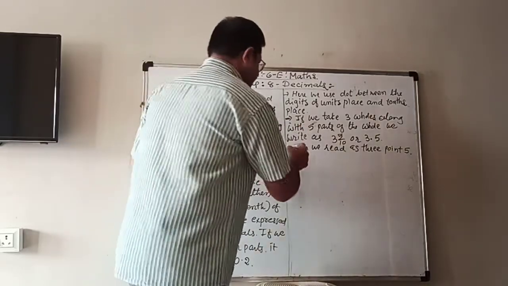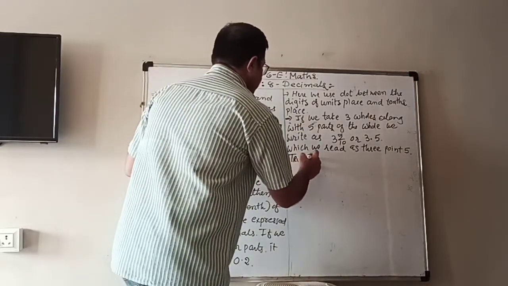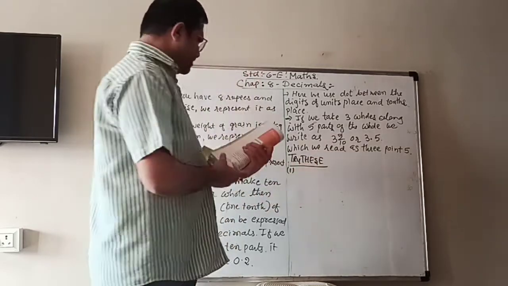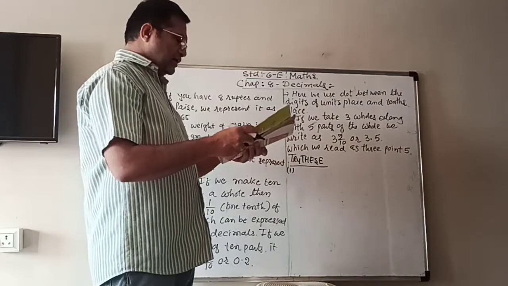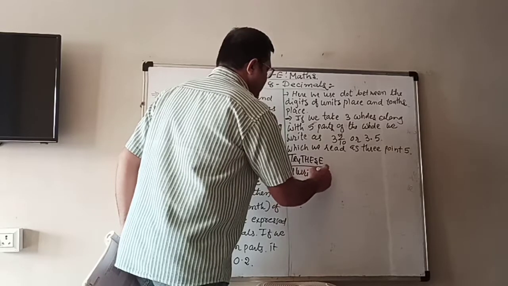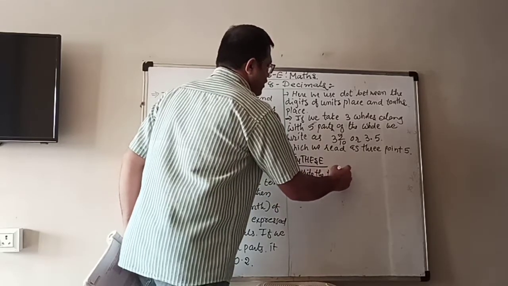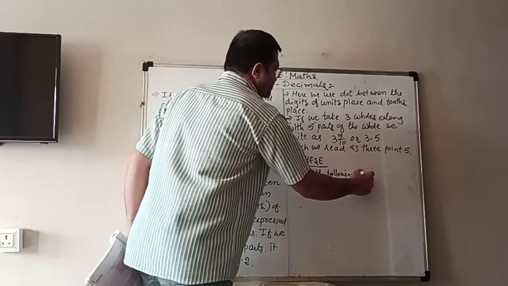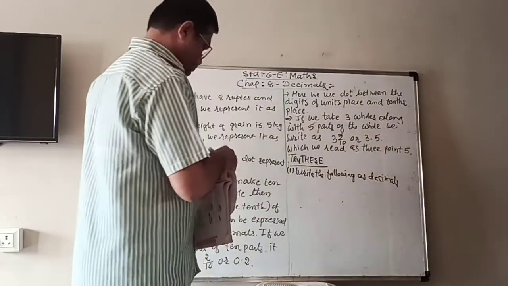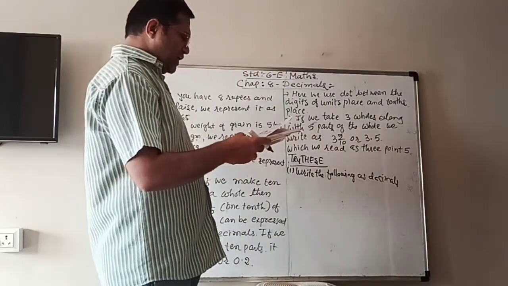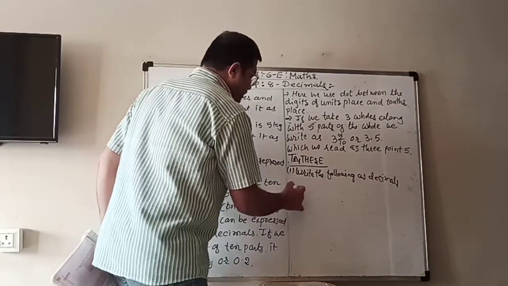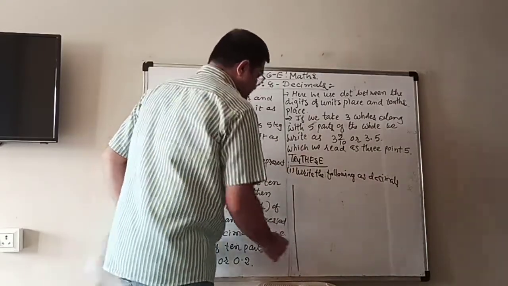Let us understand something like given in the Try This. In Try This, the first question says, write the following as decimals. Here it is given in a table, and in the last column we will write down the answer.